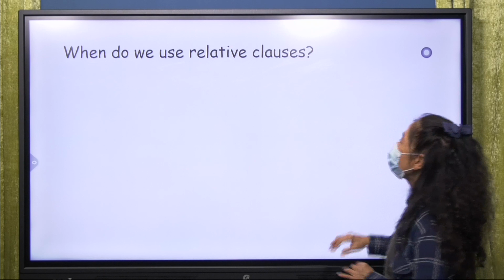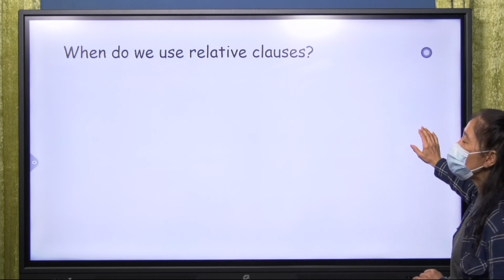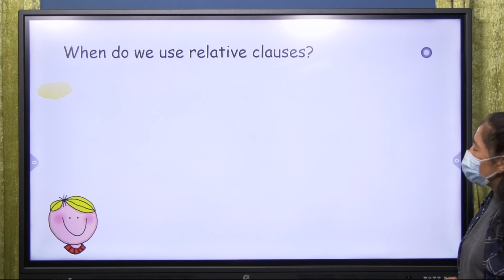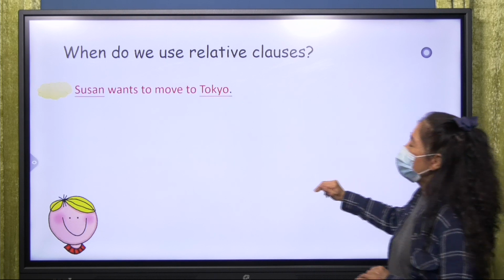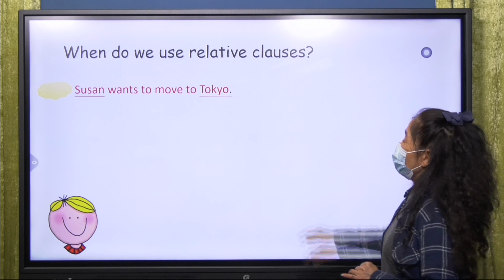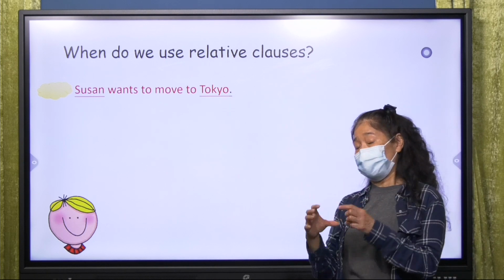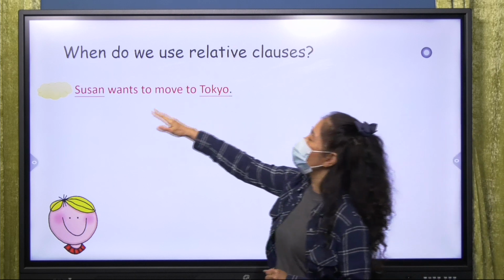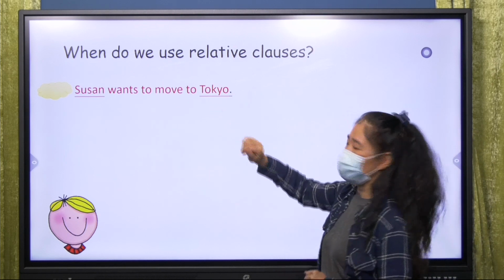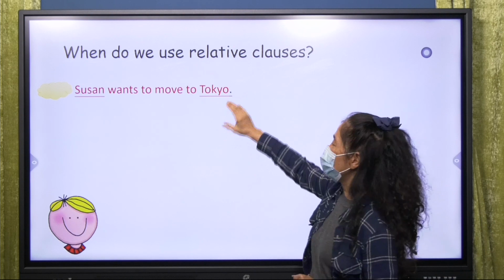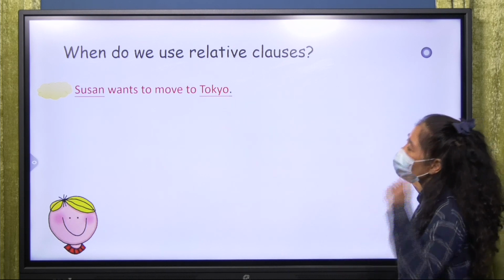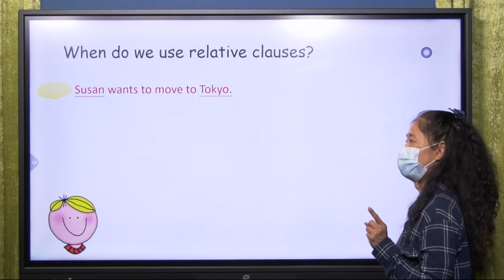And now, when do we use relative clauses? You may ask this question. Clauses are groups of words. So, Susan wants to move to Tokyo. Here, I put it as one sentence, and this is the first idea I want to say.